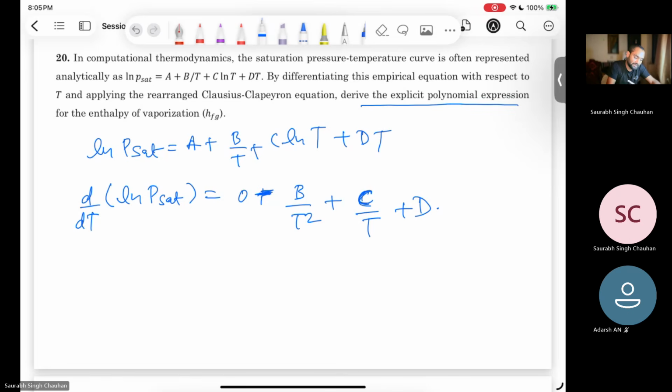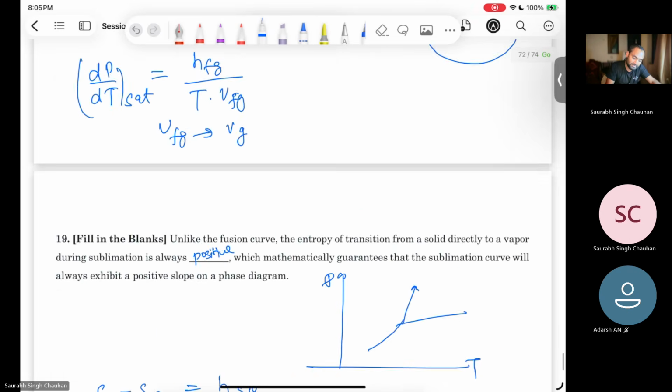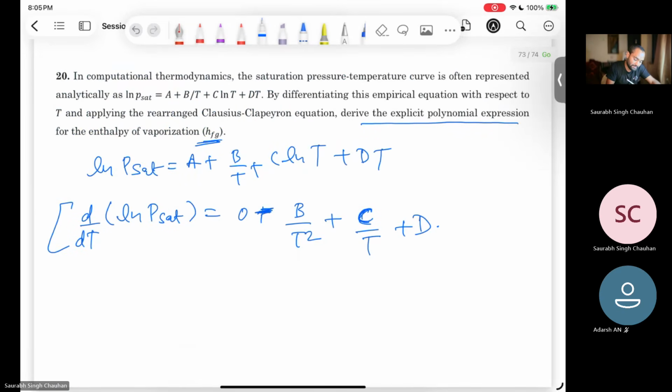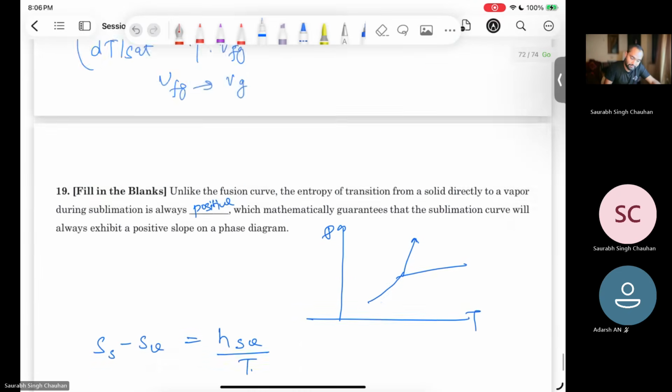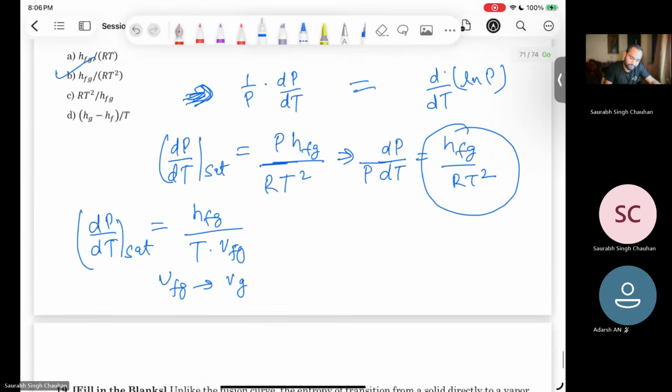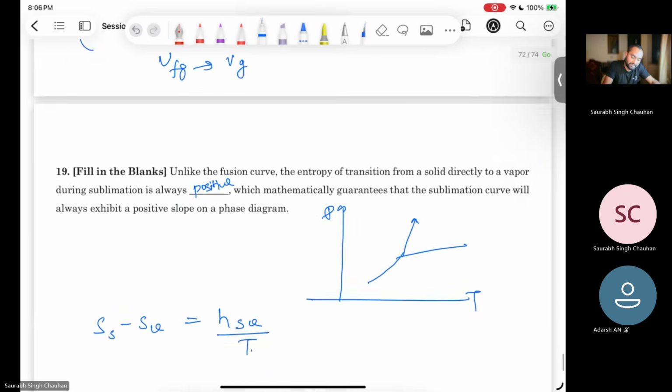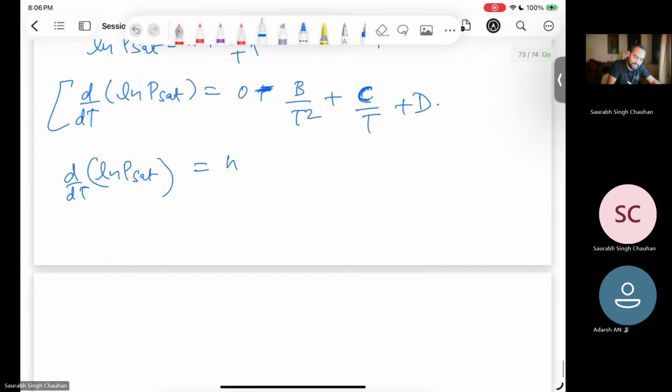Derive the explicit polynomial expression for the enthalpy of vaporization. I think we have discussed this in the previous question. d by dt of ln P saturation was what? This was exactly this thing, no? Yes, sir. d by dt of ln P was 1 by P dP by dt, and this thing was h by R T square.